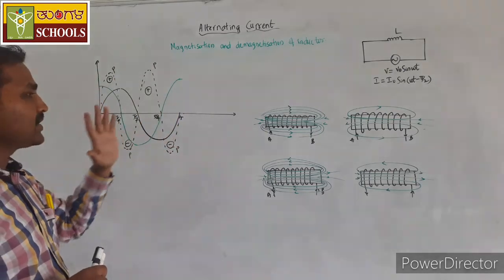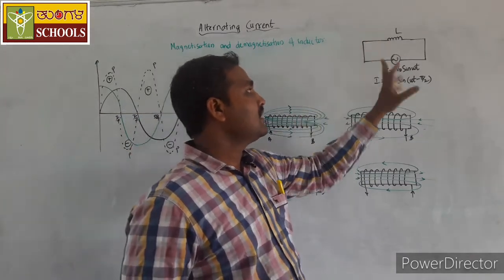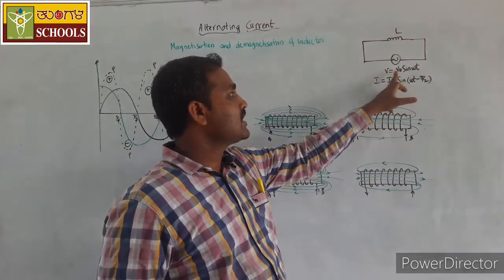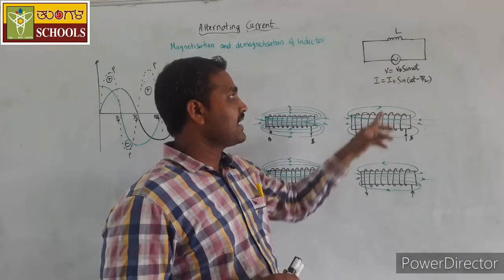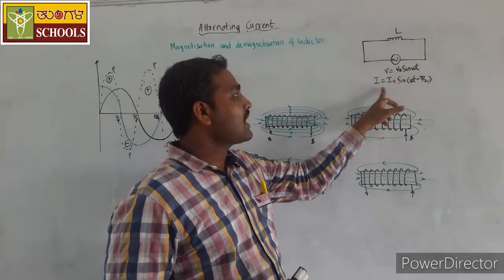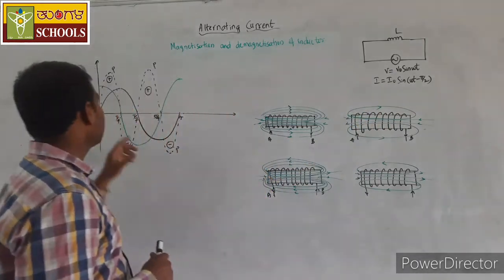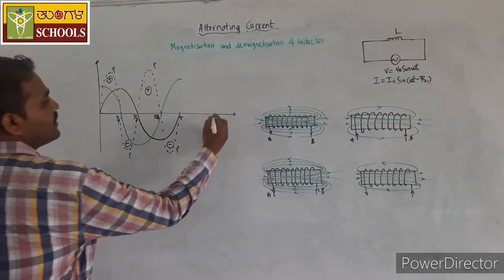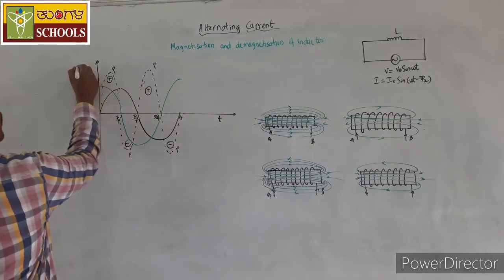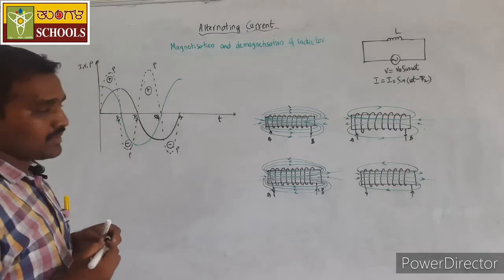How the magnetization and demagnetization of the inductor occurs during one complete cycle of alternating current, that we shall observe here. Let me consider an inductor of inductance L connected to the alternating voltage V is equal to V naught sin omega t. As we know, the current lags the voltage by pi by 2 radians. In the variation of current and voltage that we have drawn here, along the x axis I am plotting the time, and along the y axis I am plotting the current, voltage and power.